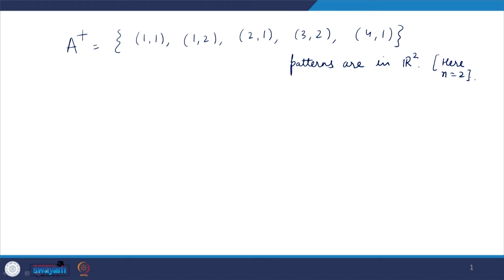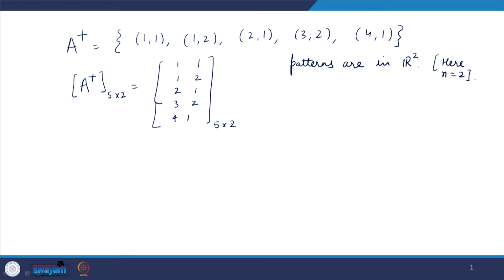Now, how many patterns in A plus class? 1, 2, 3, 4, 5. So, there will be 5 patterns in A plus class. So, A plus will be a matrix of order 5 cross 2, and this matrix will be 1 1, 1 2, 2 1, 3 2 and 4 1. This is 5 cross 2.